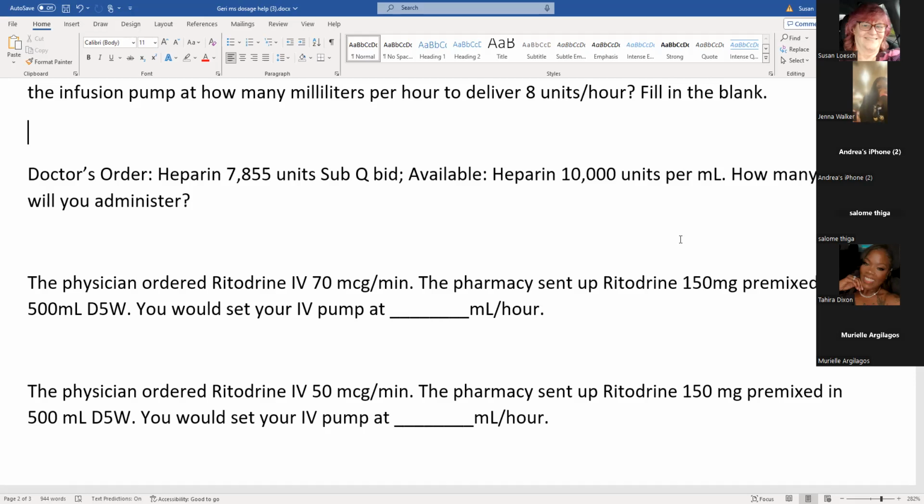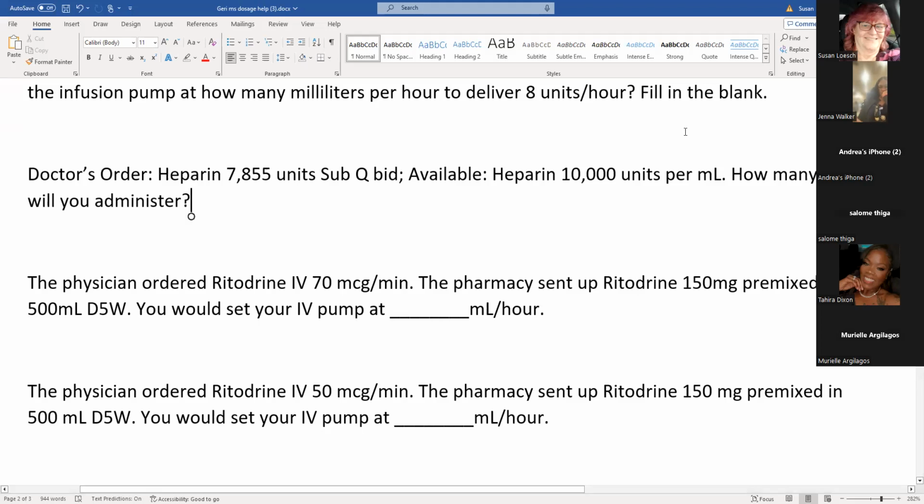At my facility, if it was sub Q BID, then it would be 9 and 9. So at 9, you would give 7,855, and at 9 again, at night, you would give 7,855. Right? That's how the order reads. Do you understand that? I'm not sure why you call the doctor on this order. Because it's telling you clearly, this is how much you're going to give.